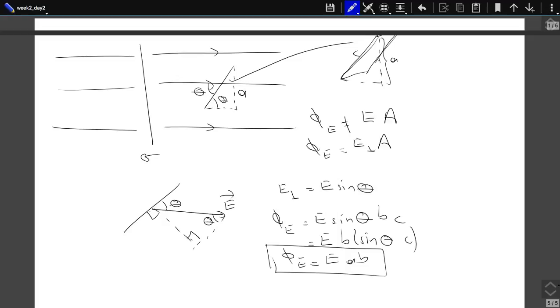For example, I put an object here. Will the field lines stop here or pass around? Is there a charge over there? There's no charge, so either they will go around or they will just go through. Other questions?